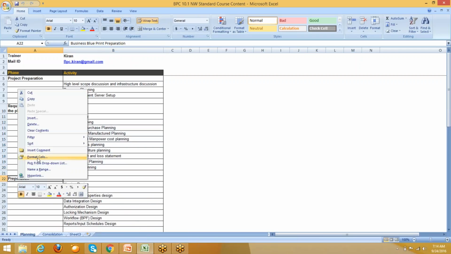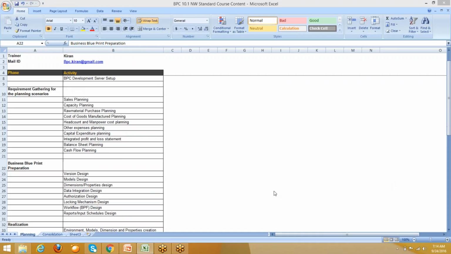So now, once your requirement gathering is over, what are you going to do? You are going to prepare a blueprint based on the requirements, based on the planning scenarios. What are the major parts you are going to cover in the blueprint?